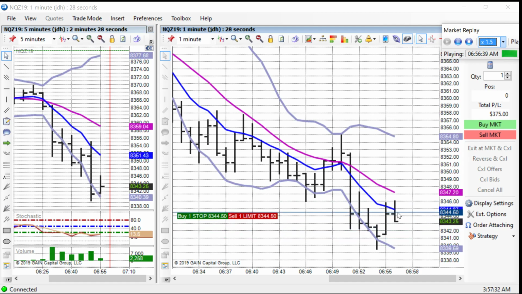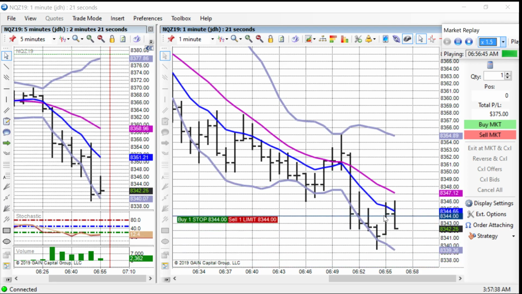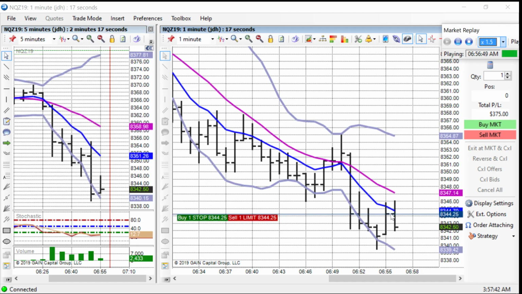That might have been a missed entry here. Matter of fact, I think I did enter a trade on the live markets. I think I did enter right there.